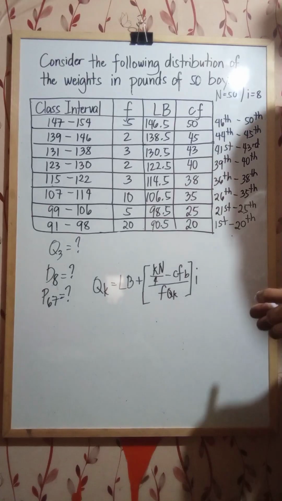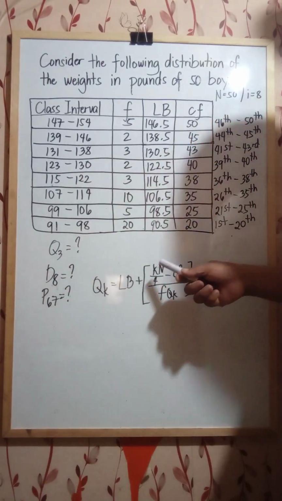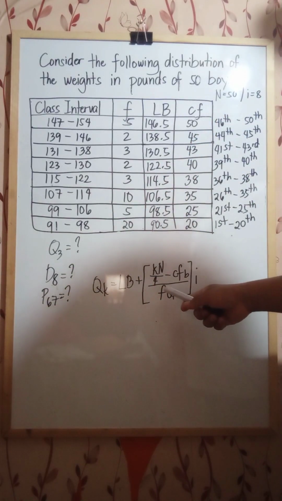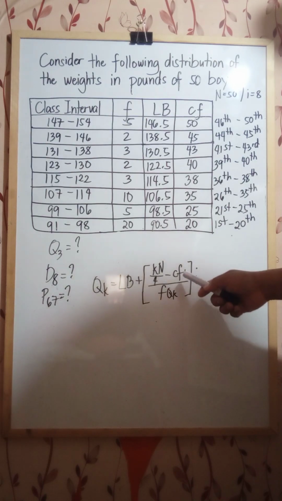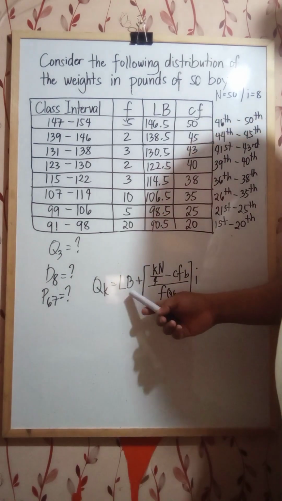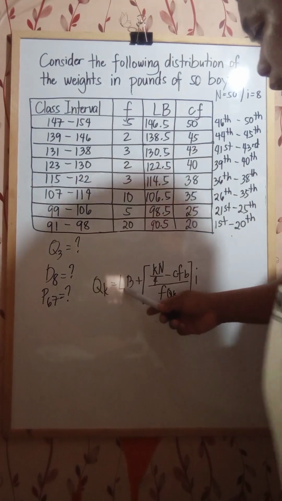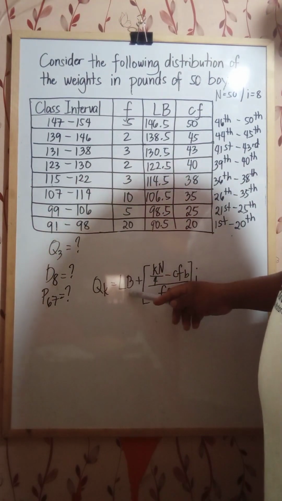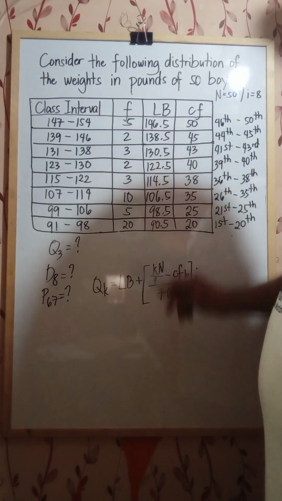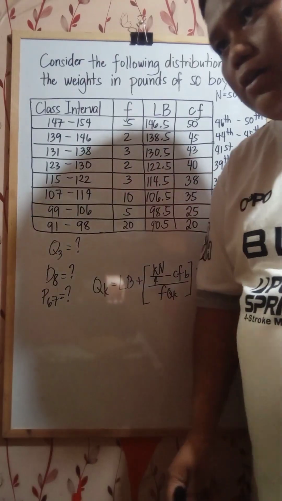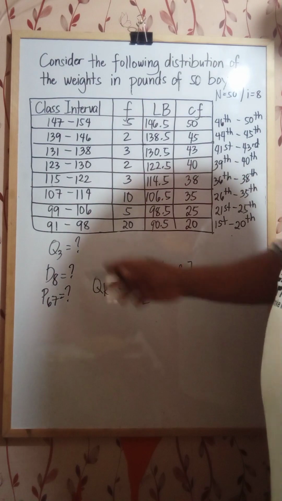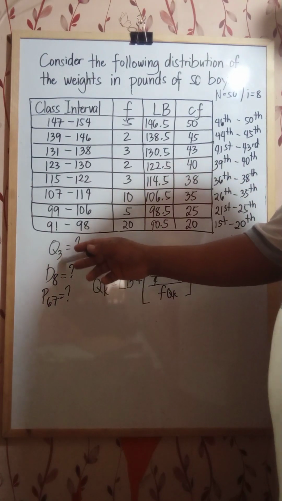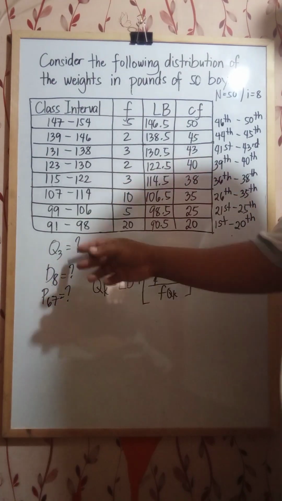So, what do these LB, K, N, F, and CF sub B mean? The LB is the lower boundary of your Q sub K. If we are finding the third quartile, it is the lower boundary of your third quartile.